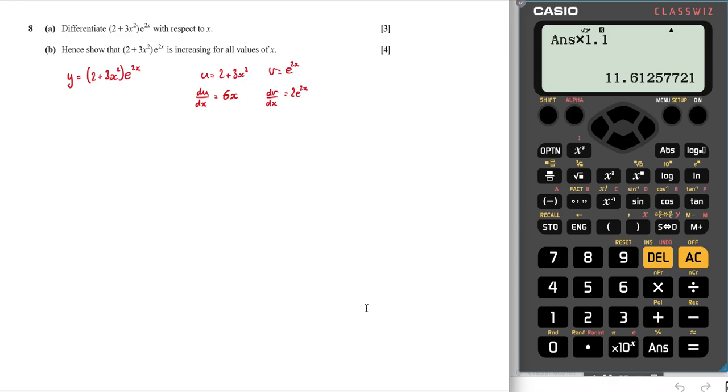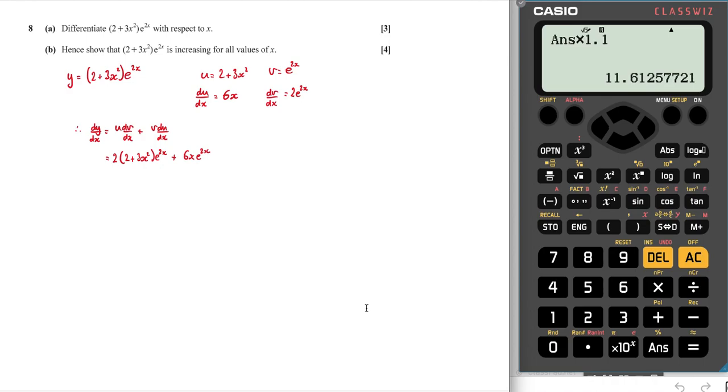So, therefore, dy by dx is u dv dx plus v du dx. So that is 2 lots of 2 plus 3x squared e to the 2x plus 6x e to the 2x.